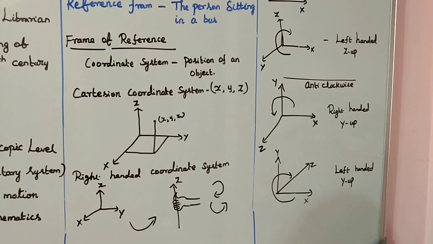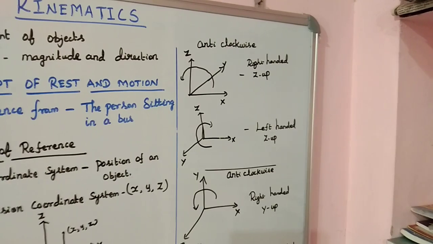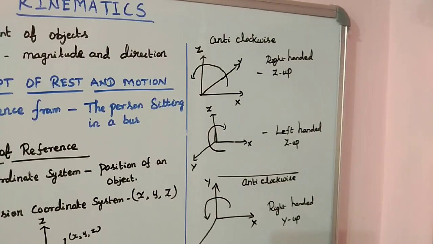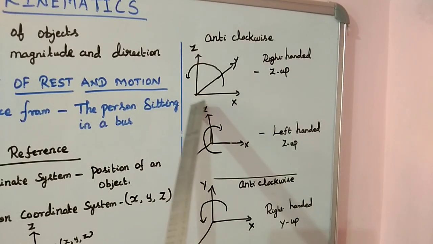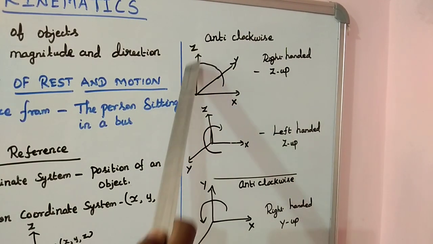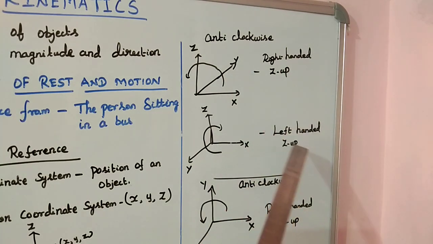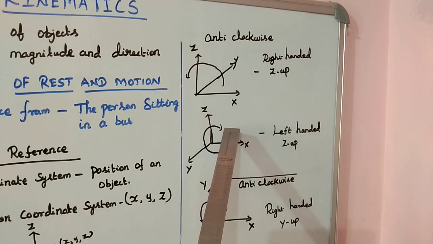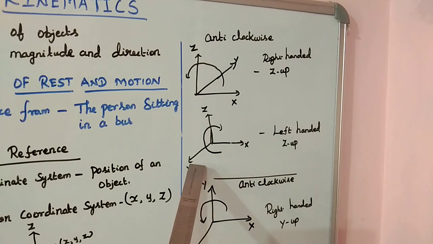Now we see the right-handed and left-handed systems. This is the right-handed system, with z up. The movement is anti-clockwise. Now we see left-handed with z up. Left-handed means clockwise: first x, then y, z.